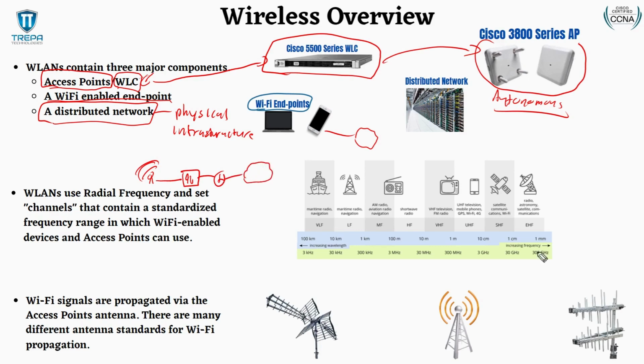Well, the distributed network, and this is a Wi-Fi term, is going to be this hardware or these physical devices that actually connect users out to the internet. Whereas this AP that's connecting this laptop, that's a wireless LAN component, right? That's specifically for Wi-Fi and Wi-Fi enabled endpoints. But this distributed network is the actual physical infrastructure that connects this AP to the rest of the network and the rest of the enterprise.